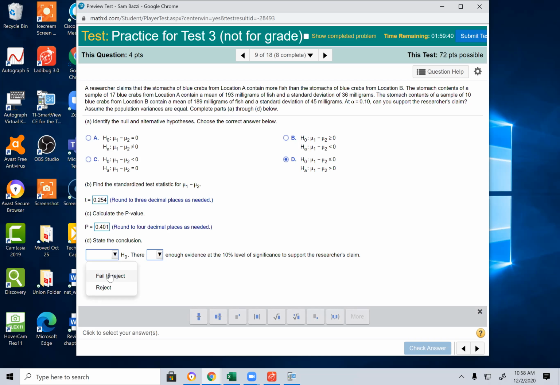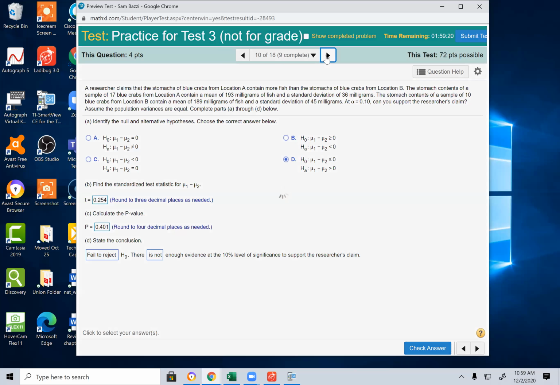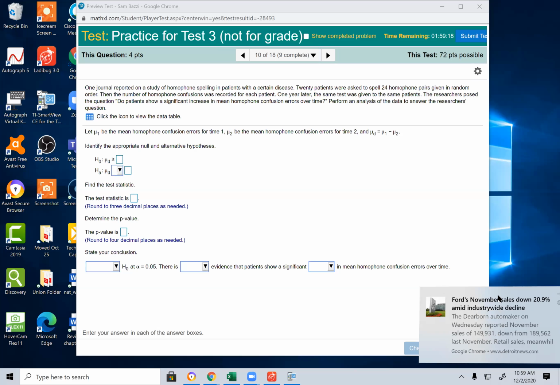Fail to reject H0 or reject H0? Fail to reject. Yep. And if fail to reject, there is not enough evidence. Oh, he made it easy for us to support the claim. When the claim is in HA, you use the word support again. And then you get full marks on this one. All right.